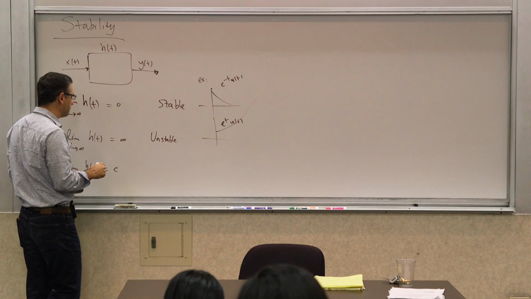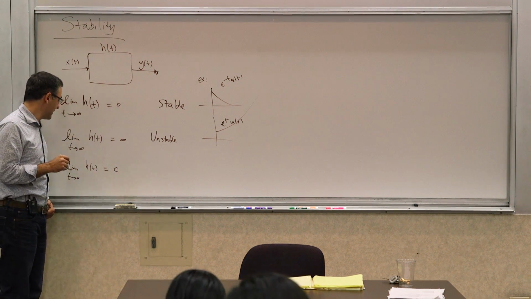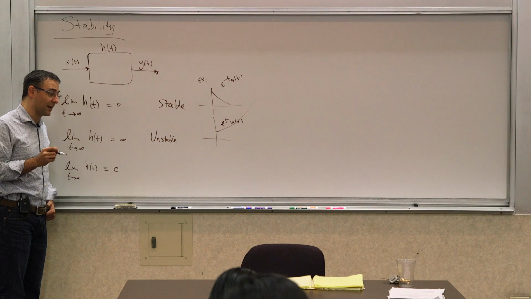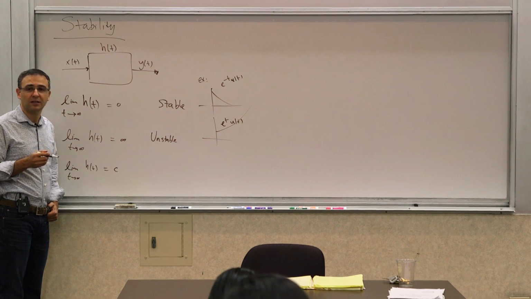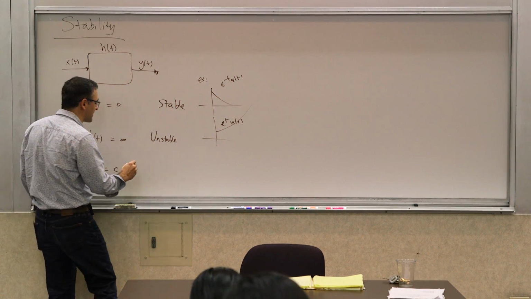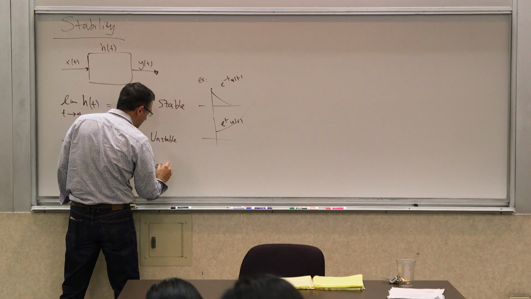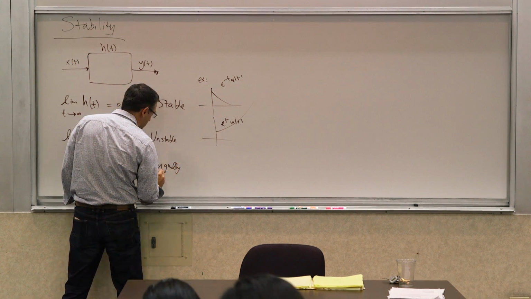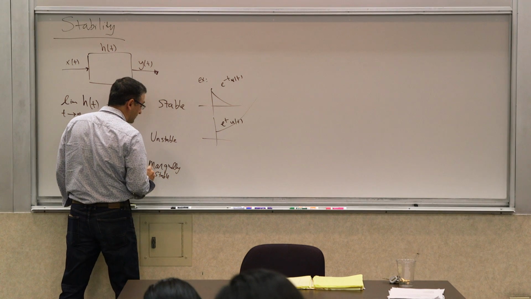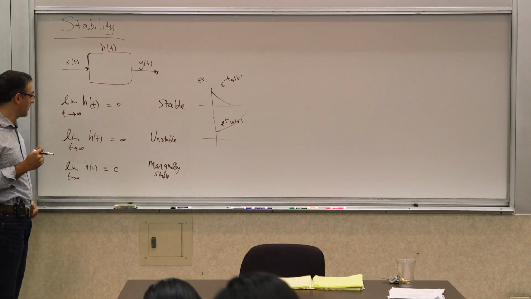The last one, when the limit goes to a non-zero constant, is called marginally stable. So that's what we call it, marginally stable.